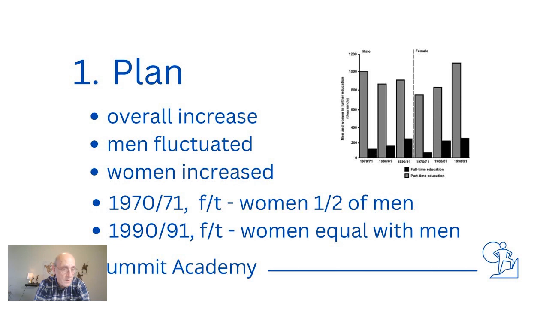And I'm going to include some details about that. And then the comparison that I've chosen to make is that I'm going to talk about how in 1970, when it started, only half the amount of women were enrolled in full-time education as men.